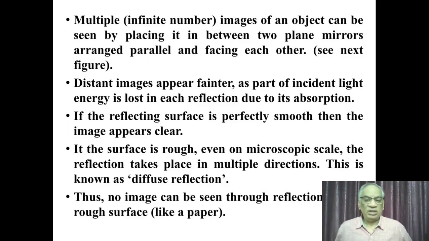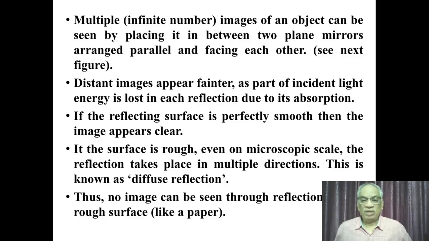If the surface is rough, meaning rough not as we can feel with the hand, but even on a microscopic scale, if the surface is not smooth enough, then the reflection takes place in multiple directions, known as diffuse reflection.